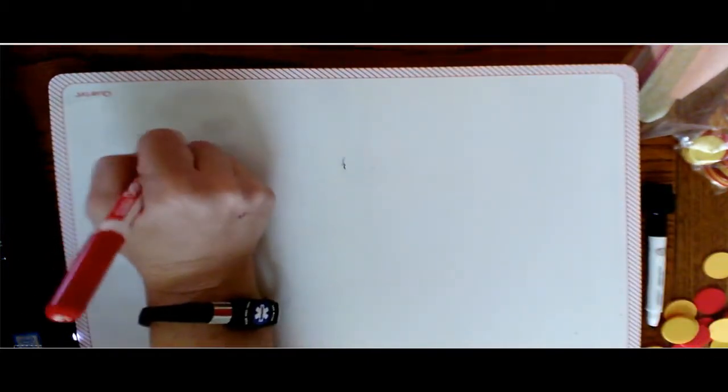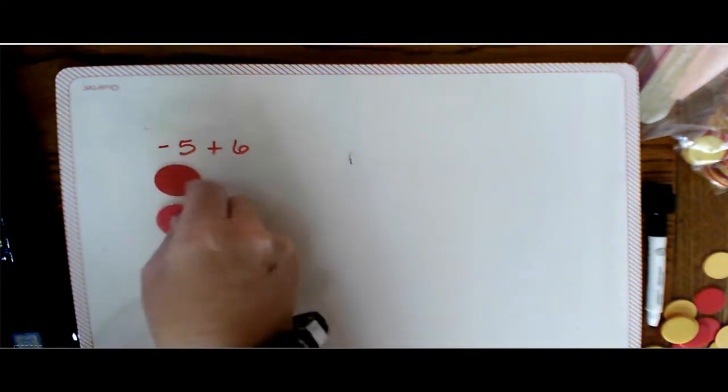Okay, we're going to now practice several different ones with adding and subtracting. So let's start with the adding. -5 plus 6. I'm going to have -5.